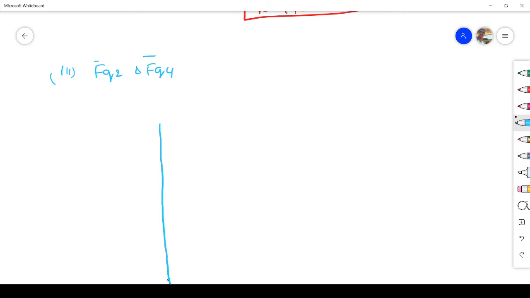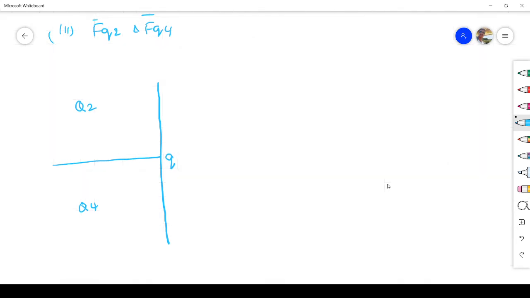So I draw a big one. This is my charge, discharge Q is located here. Q2 is located here, we know Q4 is located here. Here Q3, here Q1. Q2 is exactly centered between Q1 and Q3. Q4 is exactly centered between Q3 and Q5, right?